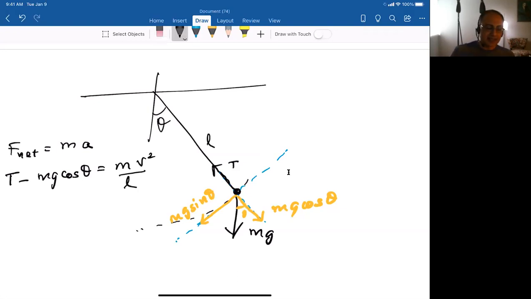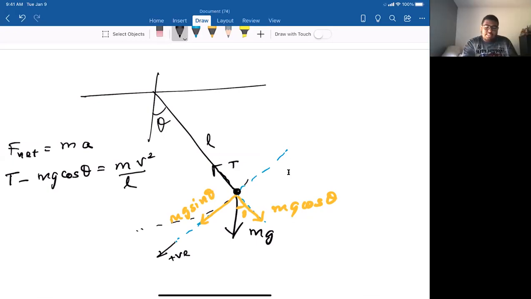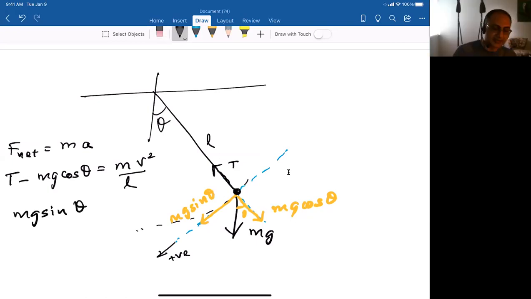That makes sense? And in the tangential direction, we'll just choose this direction to be our positive direction, right? So can somebody give me the expression for Newton's second law in the tangential direction? Would that be mg sine theta is equal to m a_t? Exactly. So there is only one force in the tangential direction, and that is mg sine theta.